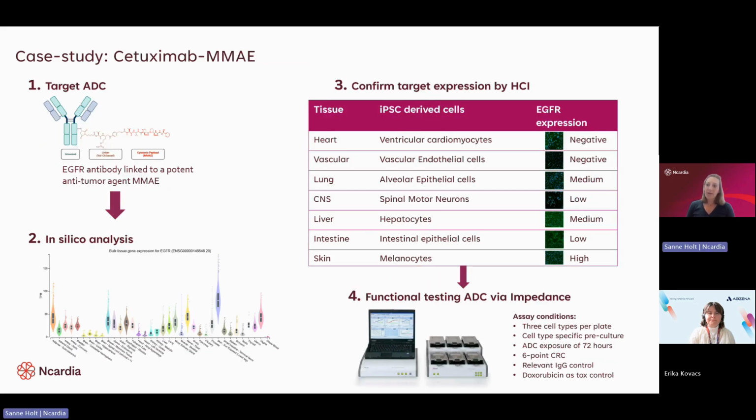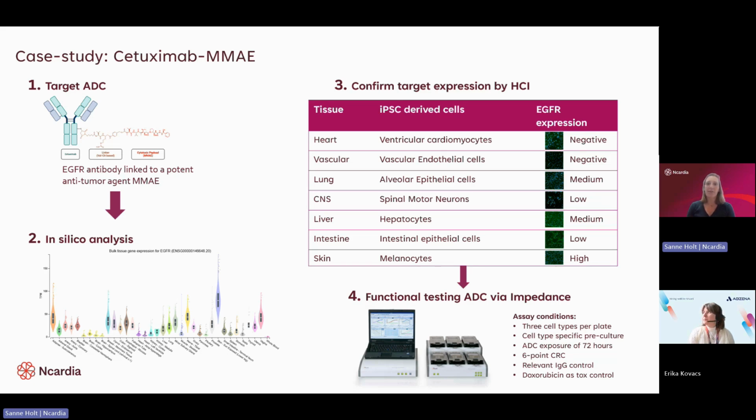So in order to test our platform with the 7 tissues in an impedance-based readout, we built a case study. In this case study, we used cetuximab linked to MMAE, so a toxic payload. Cetuximab is anti-EGFR, and we started by selecting this antibody, or ADC in this case.